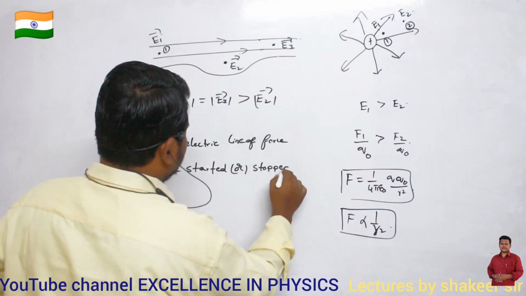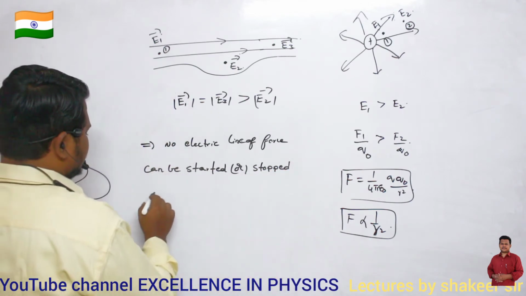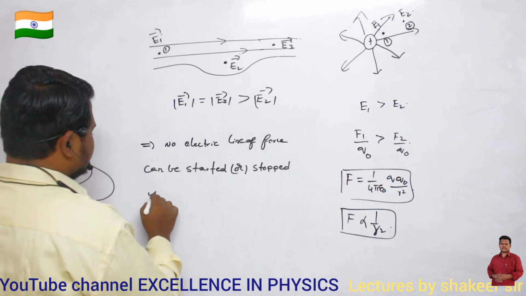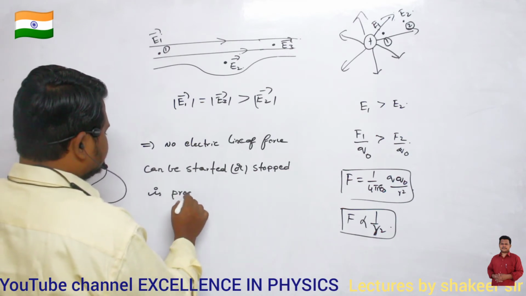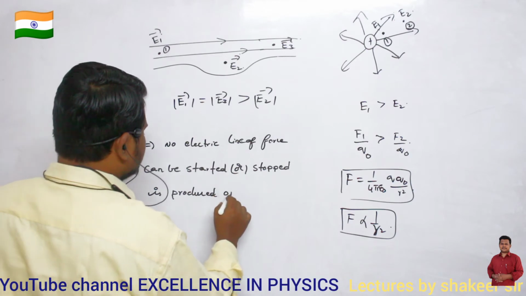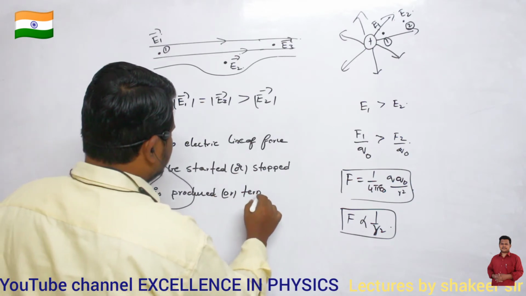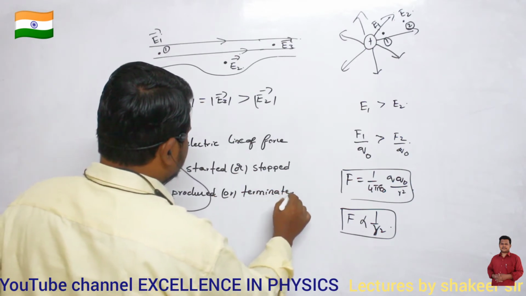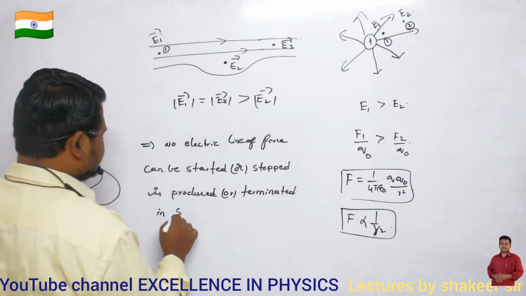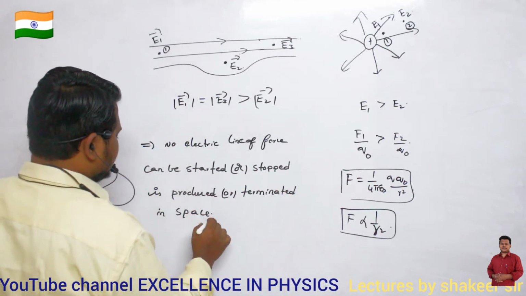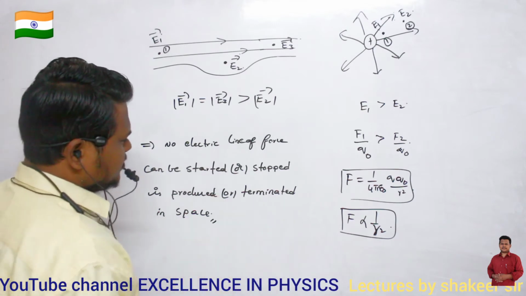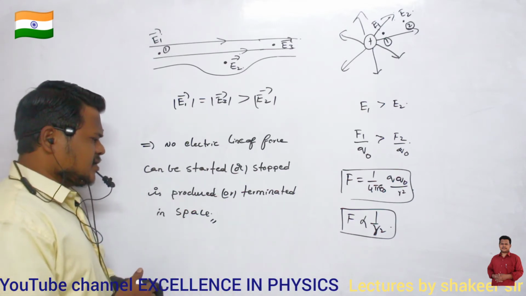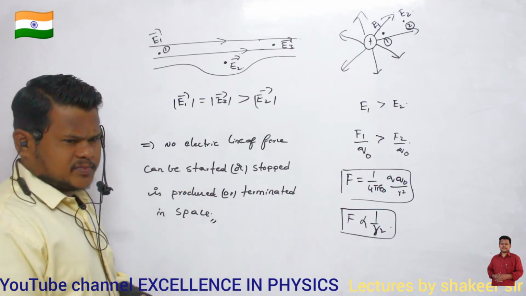What is meant by started or stopped? It means no electric line of force is produced or terminated in space. An electric line of force cannot be produced in any space. Similarly, it cannot be terminated in space also.